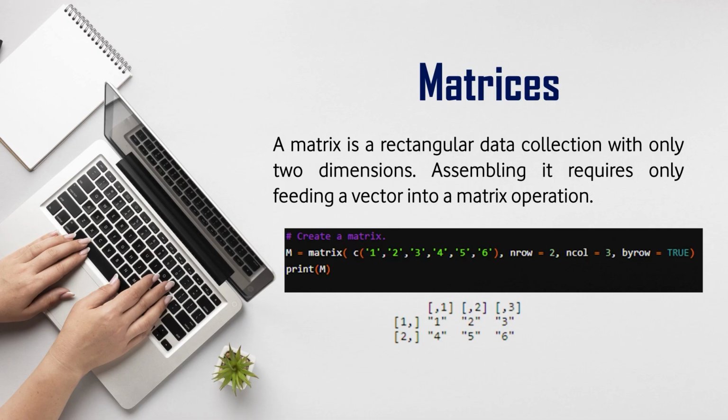You have entered 6 elements here: 1, 2, 3, 4, 5, 6. So it can be one row with 6 items, that is also fine. 1 by 6 or 6 by 1, 6 rows with 1 item each, that can also happen. Another way is that the number of rows can be 2 and the number of columns can be 3, or the number of rows can be 3 and the number of columns can be 2.